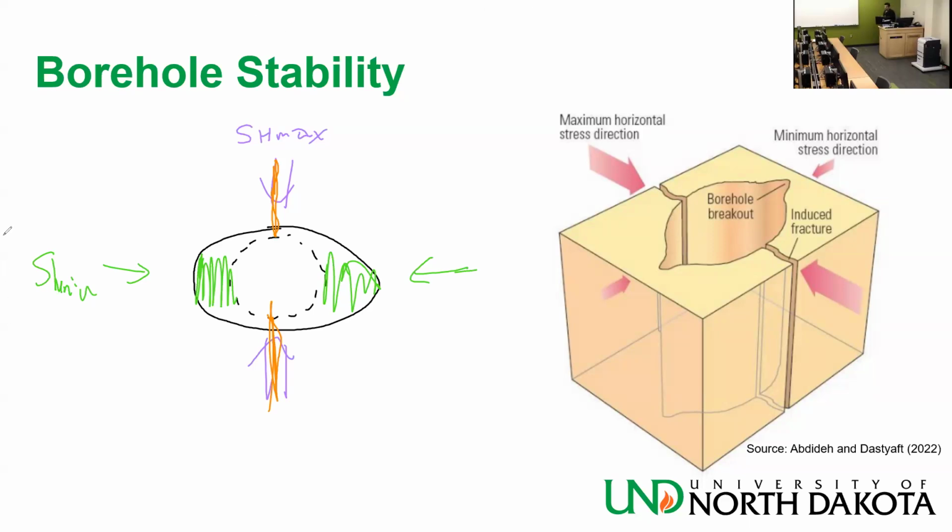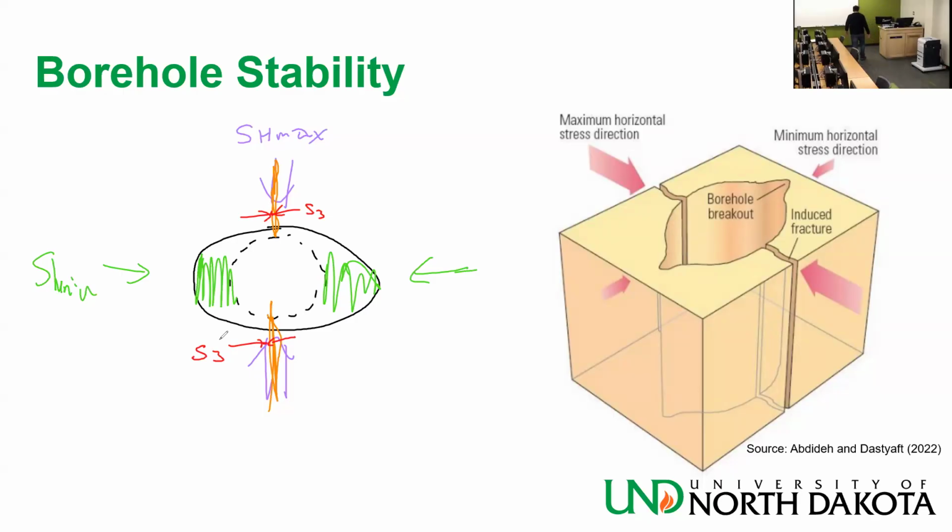They are hydraulic fractures, so they are opening against the least compressive of the stresses. That means they are opening, doing work against S3, which in this case is SH min. If it's a vertical section, it's going to be between SH max and SH min, and SH max is always bigger than SH min, more compressive. If you're in a horizontal section, it's more complicated.